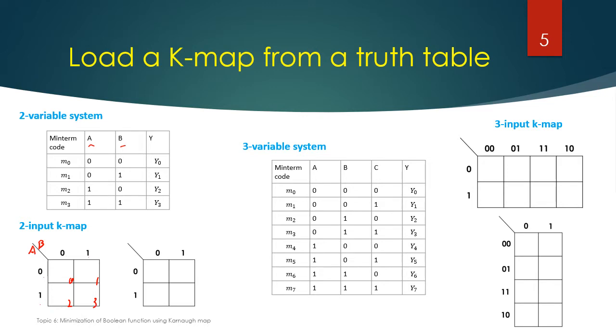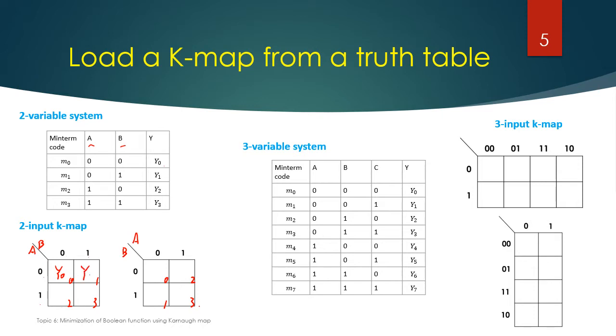However, if we write the variables in a different way like this, this is still 0, but now 0, 1 will be 1, this will be 2, and this will be box 3. Then we just need to fill out each square or box with the corresponding y values. So for box 0, of course, we need to put y0 here, either 1 or 0. Whatever value we have there, we should put it in.